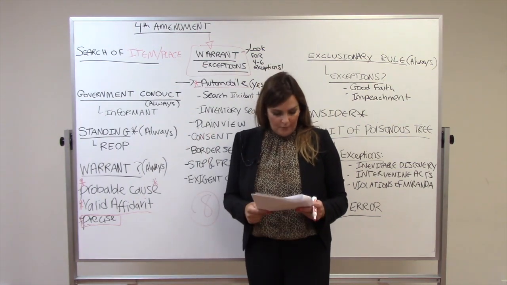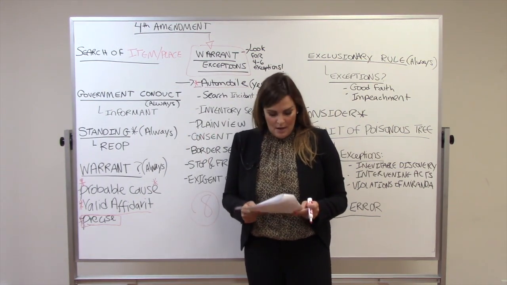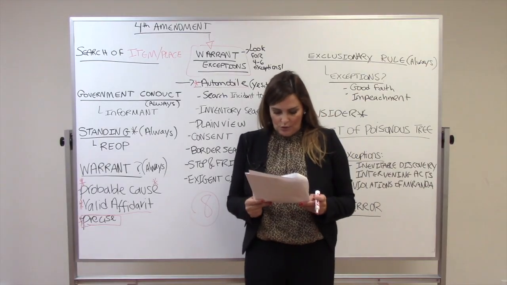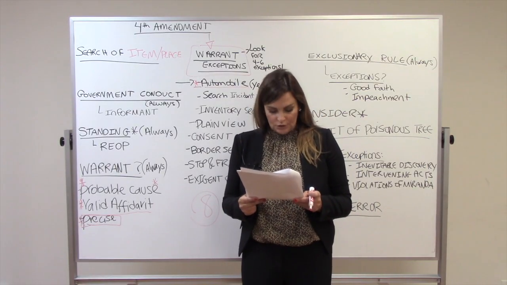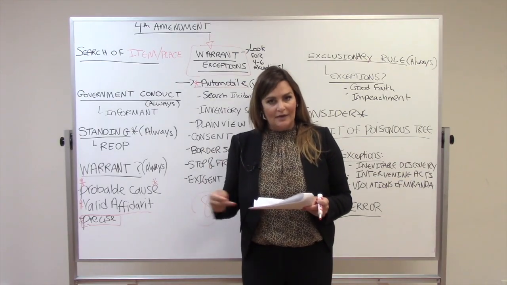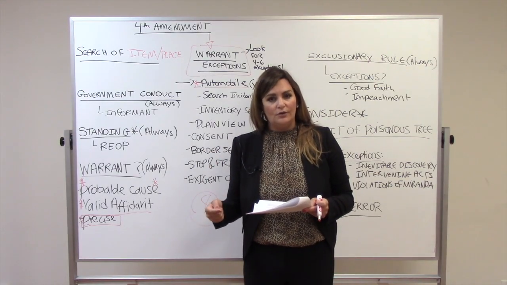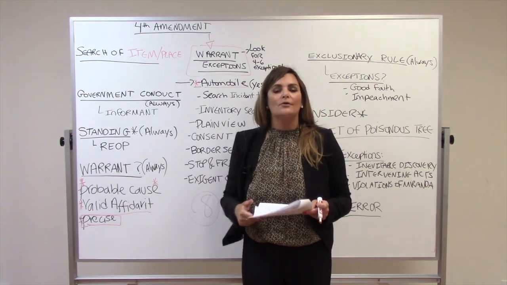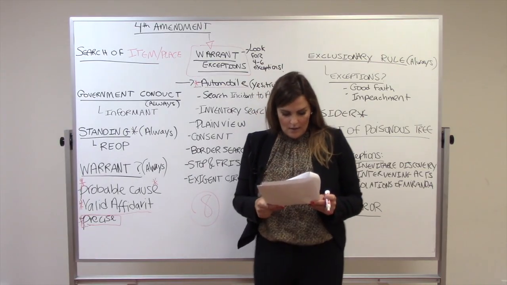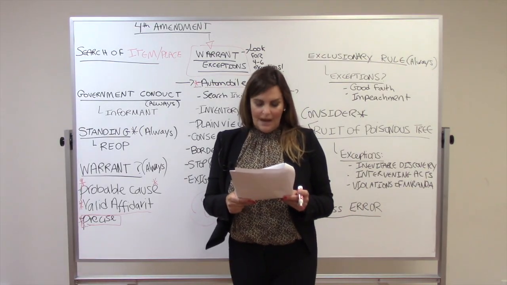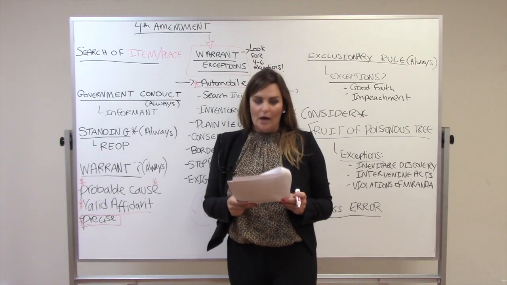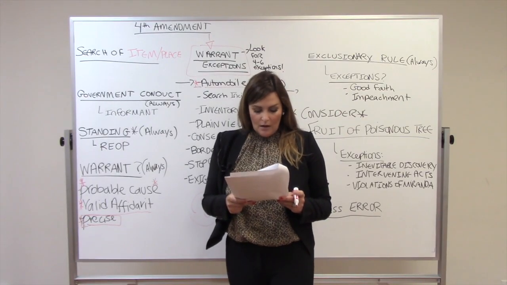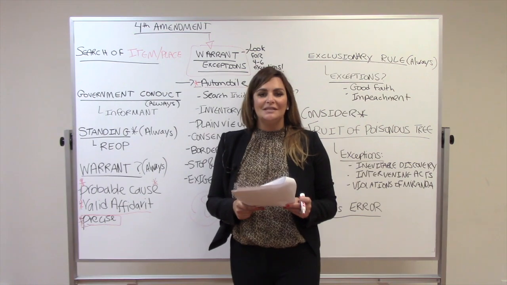So if you go to your approach about 3 bullet points down, the scope of the search is limited to only what area the officer has probable cause to search. This area, again, the police have to have probable cause to search, and if they do, they can search the entire car, including the trunk. This area can encompass the entire vehicle, including the trunk. The exception, in addition to allowing officers to search the vehicle, also allows officers to search containers.